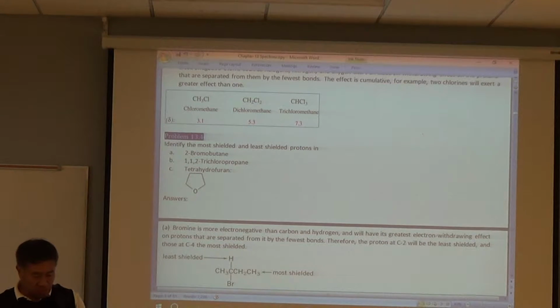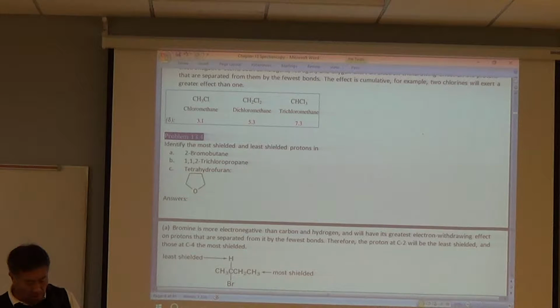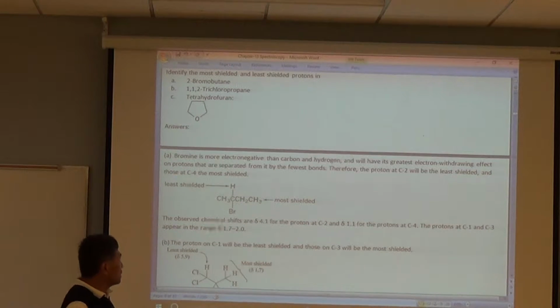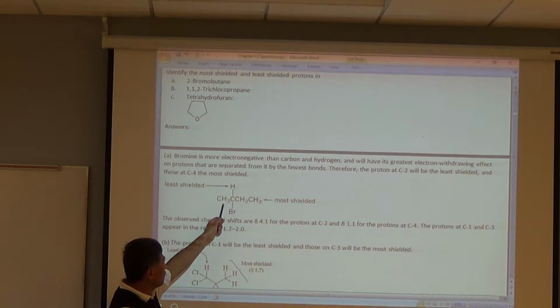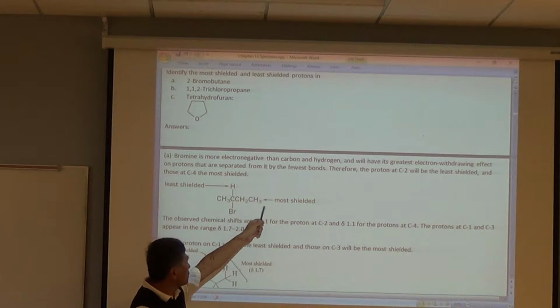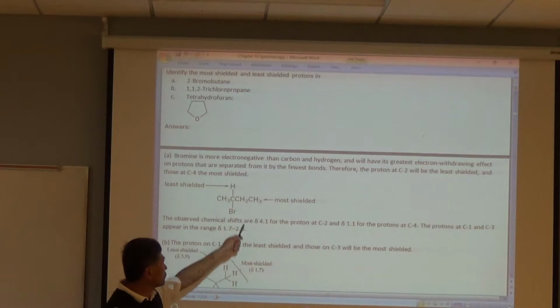So now let's see this problem 13.4. Identify the most shielded and least shielded atoms. The first one is this molecule. As indicated, we have this Br, and this is 2-bromobutane. The most shielded is this methyl, because methyl is more shielded than this methylene.